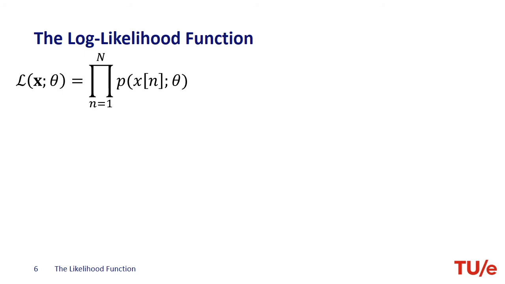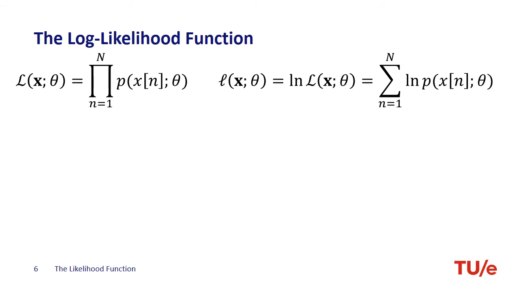At this point, it becomes clear that for large data vectors, we have to deal with extremely small numbers when calculating the likelihood functions. To avoid that, and also to avoid large multiplications, we introduce the log likelihood function. Quite straightforward. We take the natural logarithm of the likelihood function. We will see that this natural logarithm is extremely convenient when dealing with exponential distributions. But that is for later.